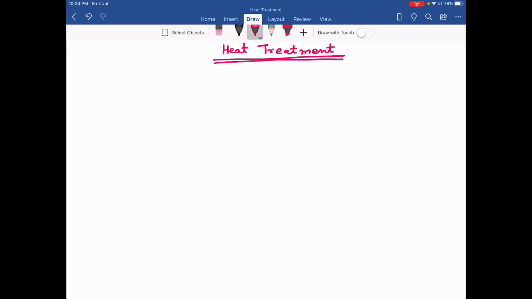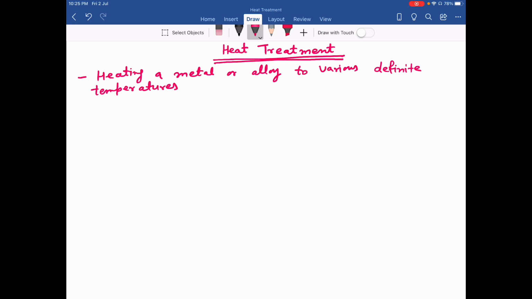Now the meaning of heat treatment is heating a metal or alloy to various definite temperatures, holding these for various time, and cooling at various rate.